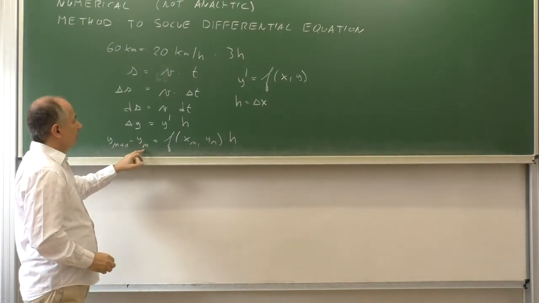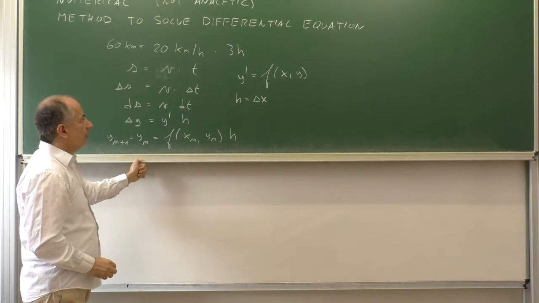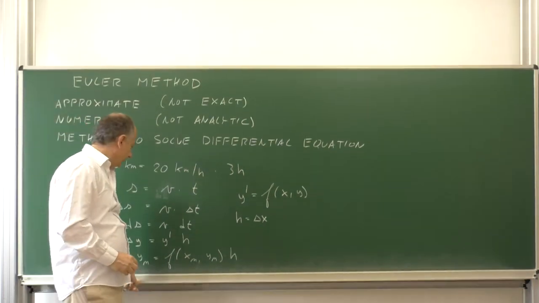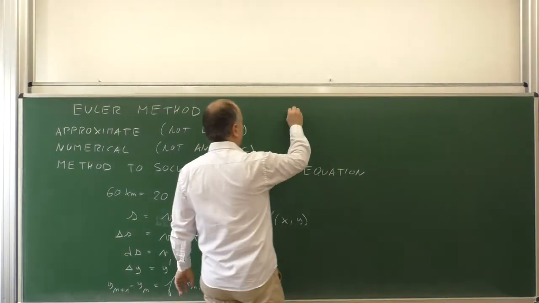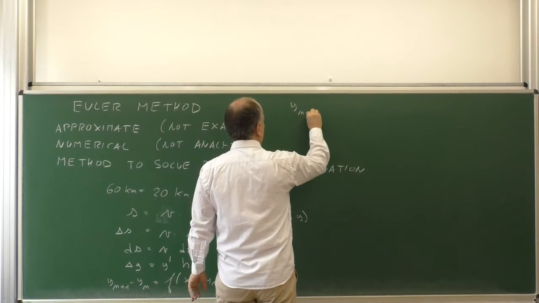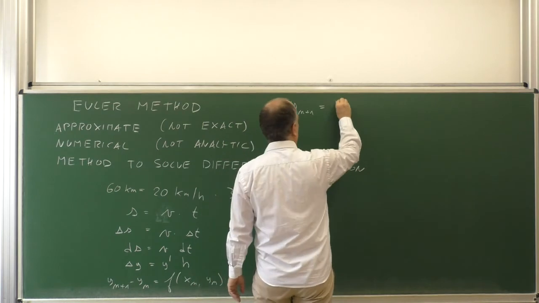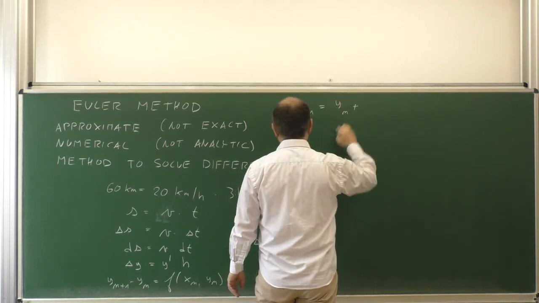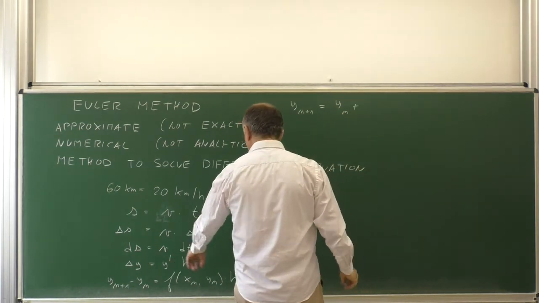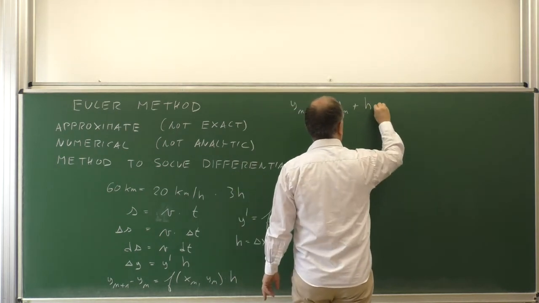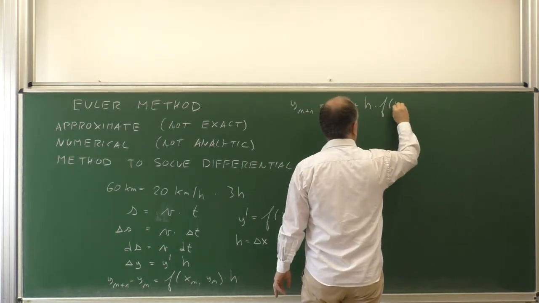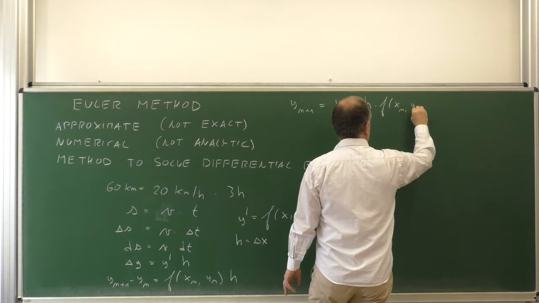Well, and this is the formula for Euler's method. We can write it in the form that the new value y n plus 1 is equal to the old value yn plus the change given by h times function at xn, yn.